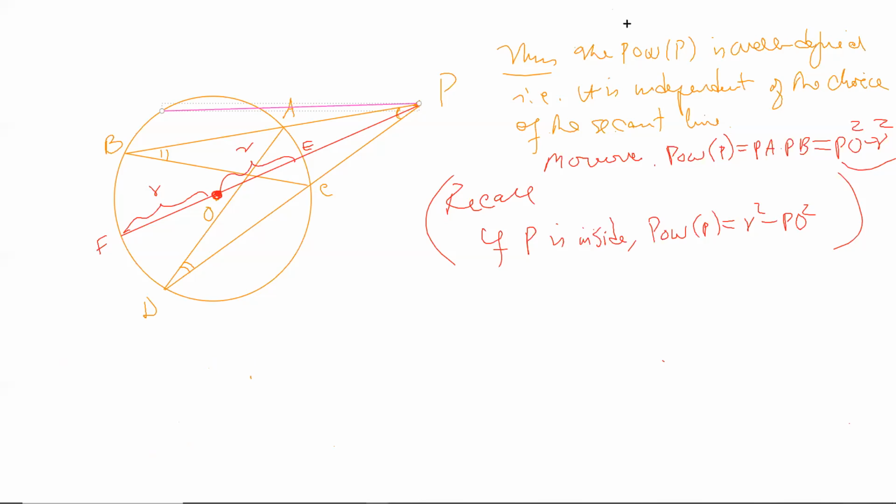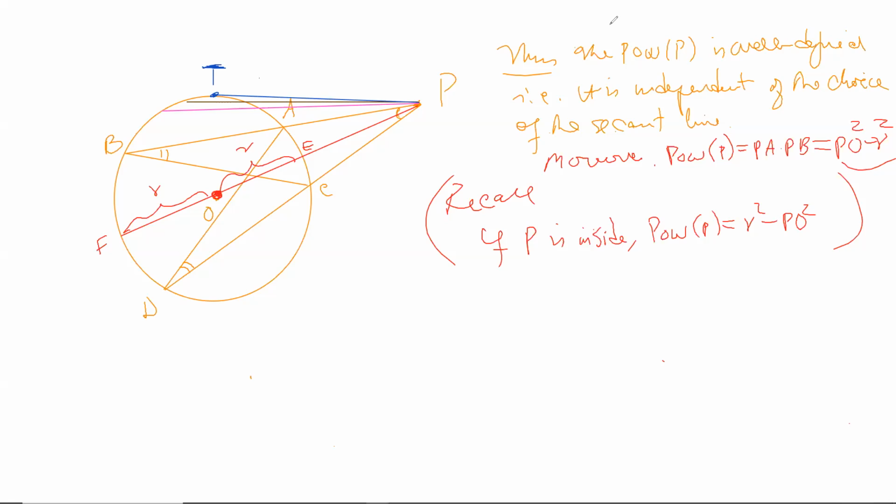I can keep making this second line closer and closer to what? The tangent. To the tangent, right? Eventually, you could have a tangent line there. So let me call this point here T.